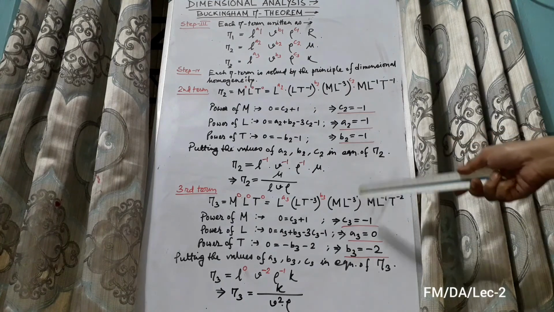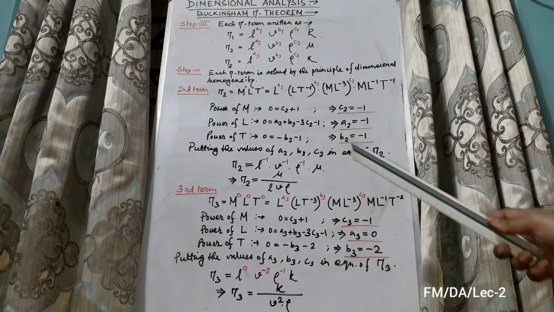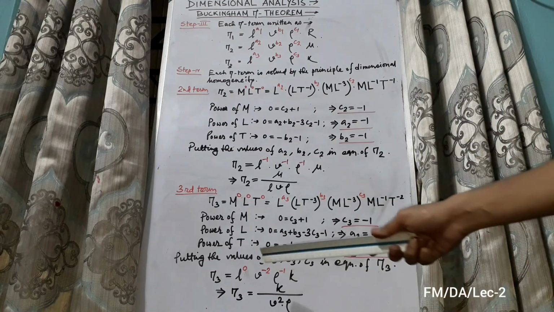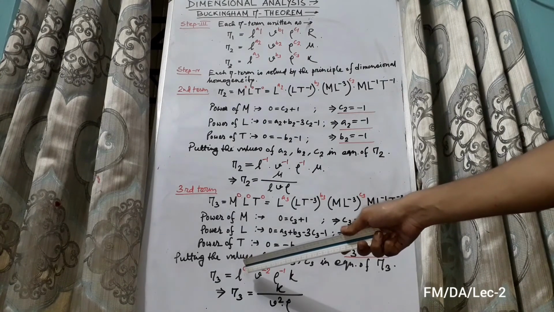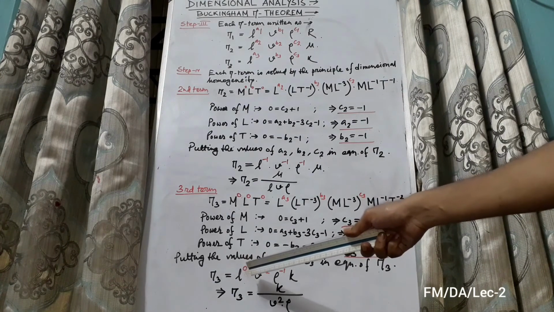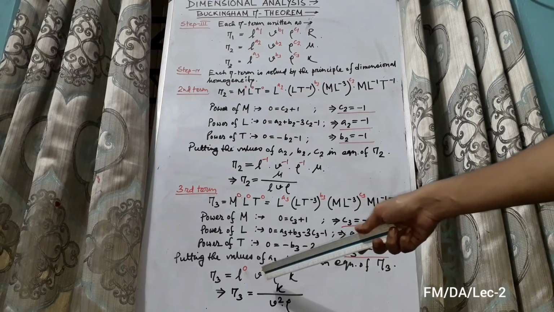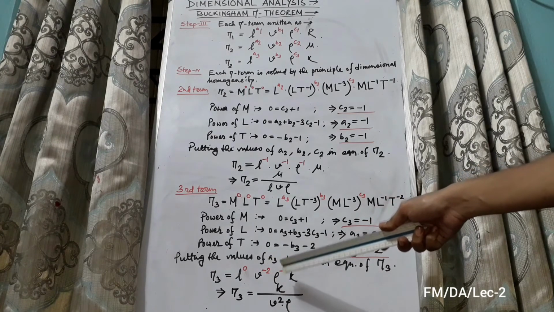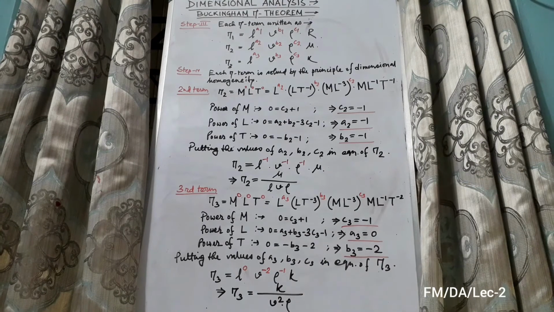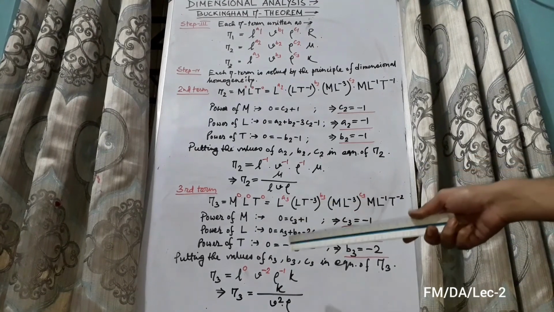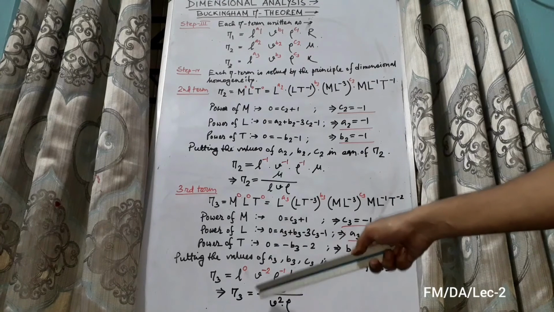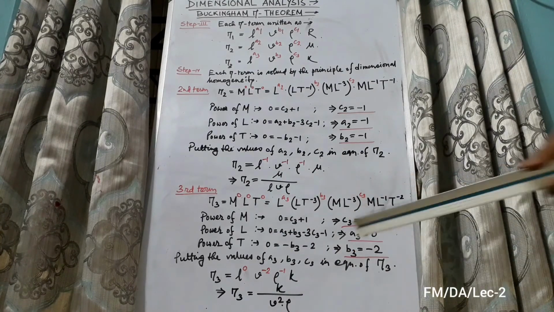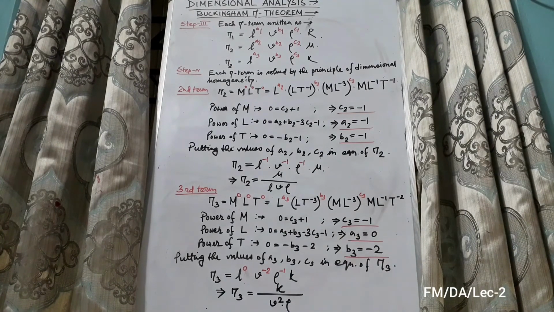Now putting these values in the equation of pi 3: A3 is 0, B3 is minus 2, and C3 is minus 1. From this equation we get pi 3 equals k by V square into rho.